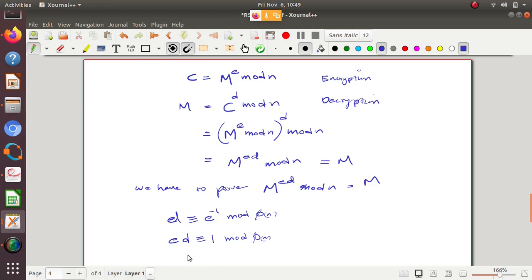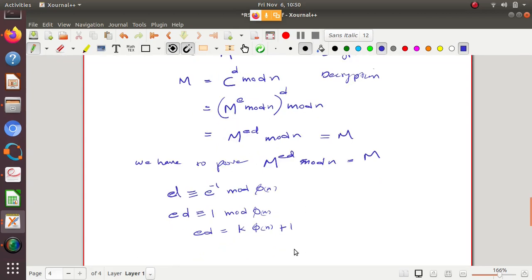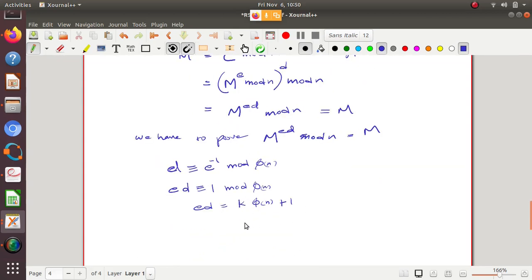Or we can write like this, ed is equal to some integer k into phi of n plus 1. That is its meaning. When we apply modulus with phi n, this part becomes 0 and 1 remains.